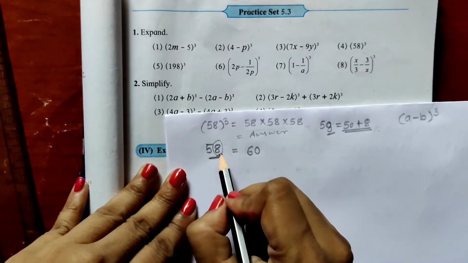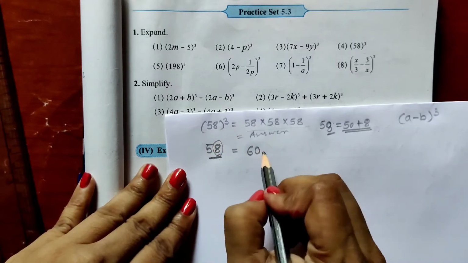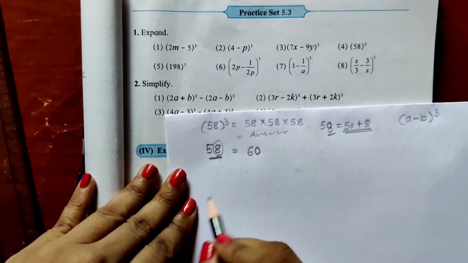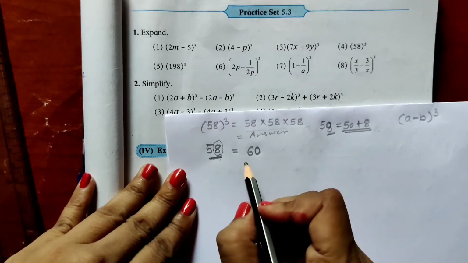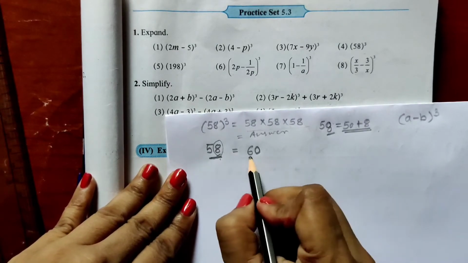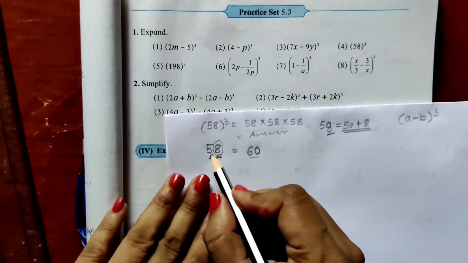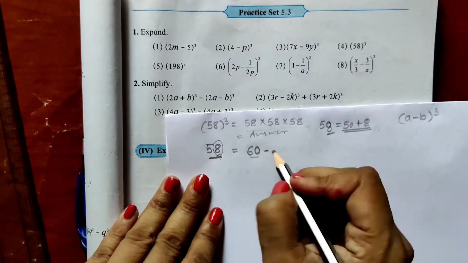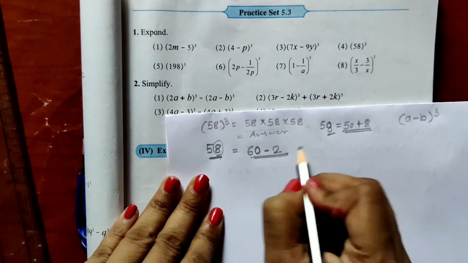Always, when we are converting the given number into a subtraction or addition, this first number is always having 0 in the unit place. So 58 can be converted into 60 minus 2, which is 58. So 58 can be written as 60 minus 2.